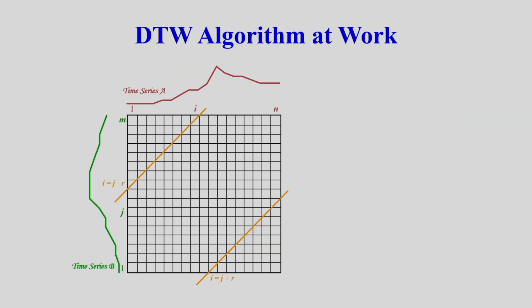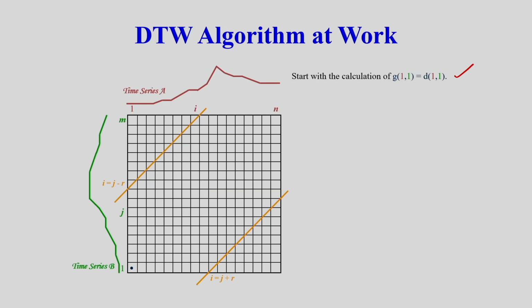So now let us see one example of how we can find the best alignment between time series A and time series B. Here I am showing the time series A and the time series B, and I am also showing the window that is between two yellow lines. So first we start with the calculation. We are considering G11 is equal to D11.